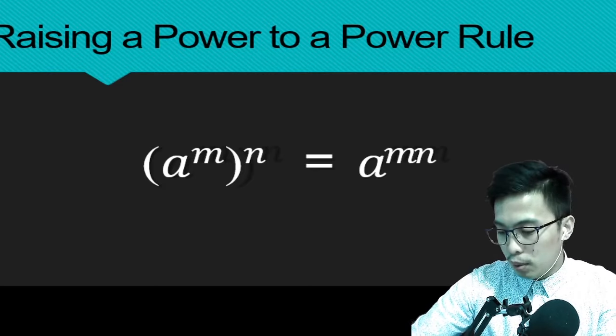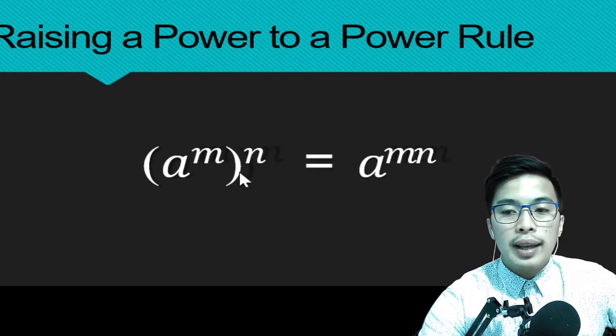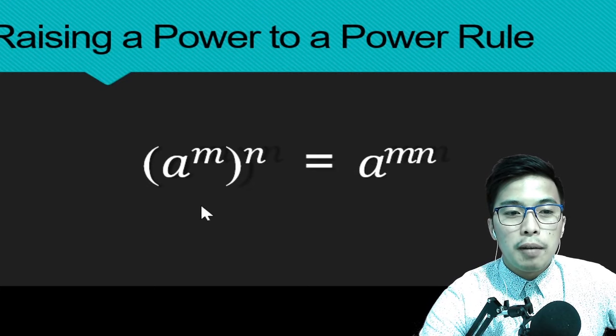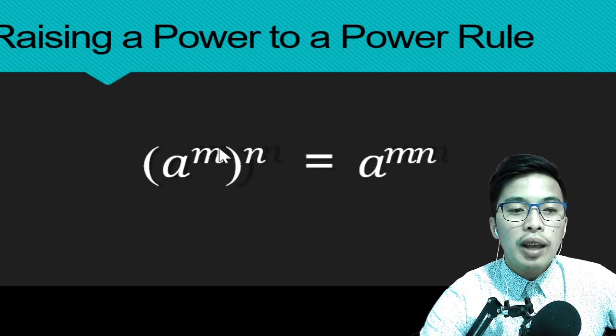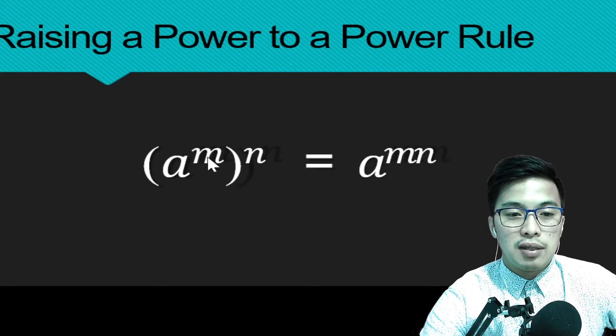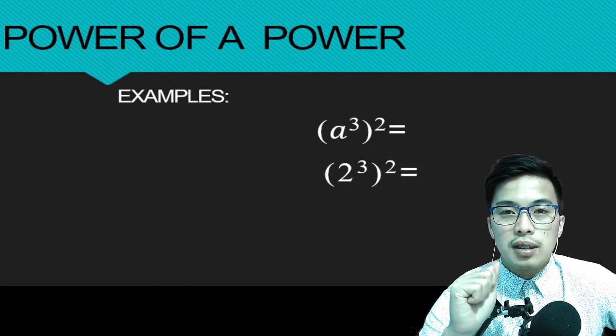Okay. So, you can see the parenthesis here. All we have to do here is copy the base and then multiply the exponent outside to the exponent inside the parentheses. So that is a raised to the power of m n. In application of this, we have these examples.